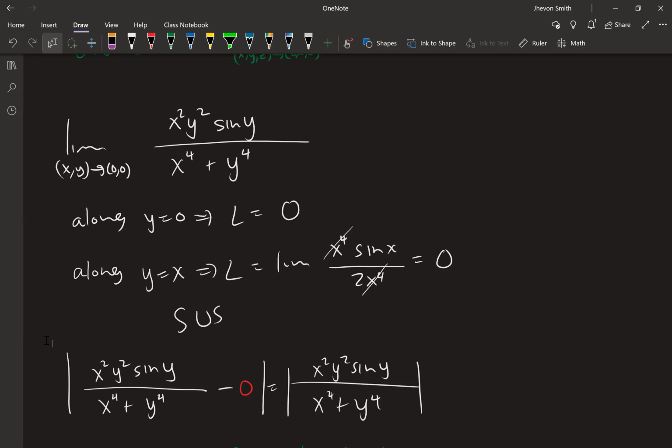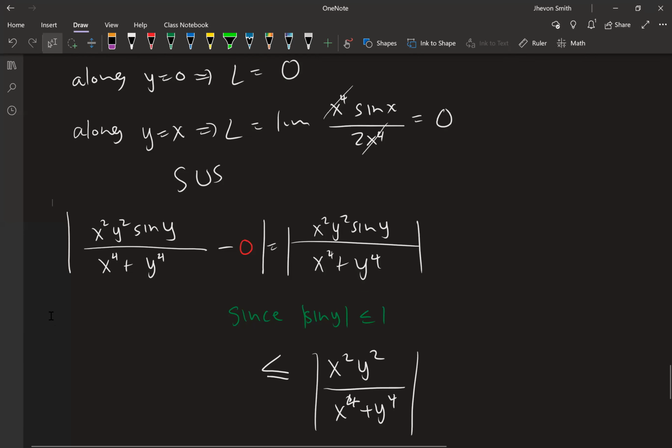I'll tell you guys right now, this is one of those weird examples. It actually doesn't fit the mold that we've been looking at so far. So it actually does not exist. Yes, getting 0 from two paths is not a guarantee.